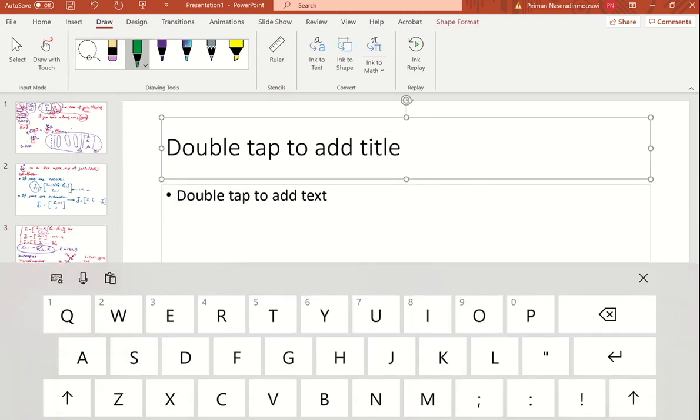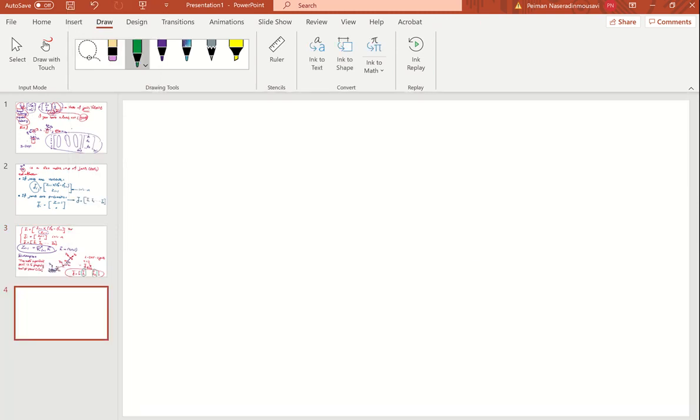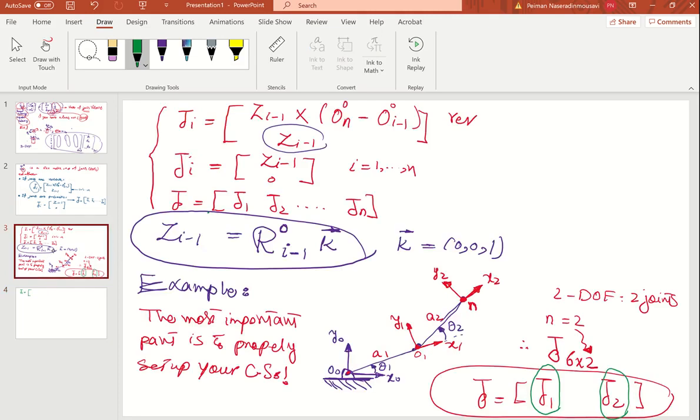Okay, let's do that. It's going to be a time consuming process, but we have to do it. So for example, your J1, based on the notation that I had here, look at here, and both are revolute joints, so I'm going to use this formula.